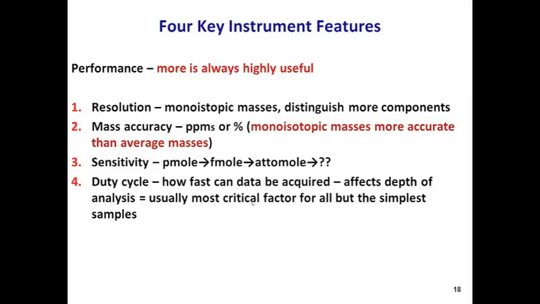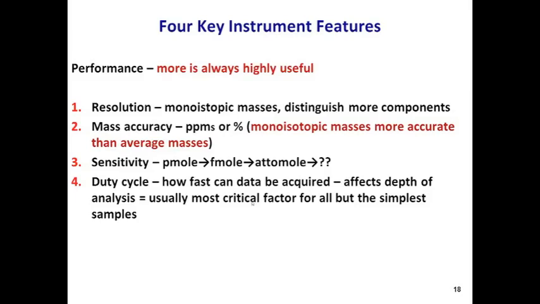Mass accuracy. Mass accuracy can be expressed in parts per million or as a percent, but more commonly with the advent of highly accurate mass spectrometers over the last 5 to 10 years, most of the time we refer to mass accuracy in the parts per million category.